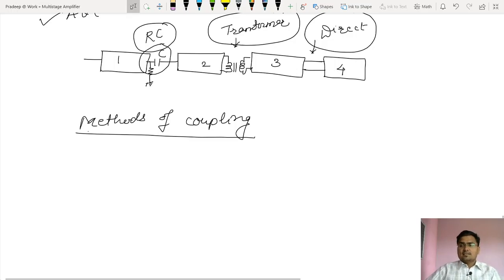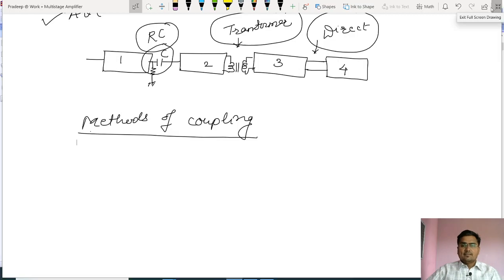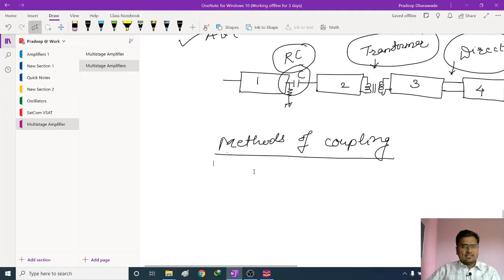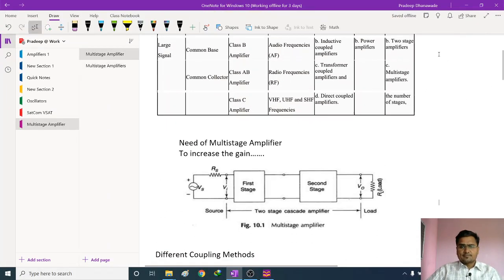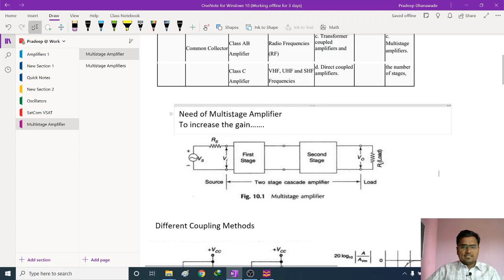But before starting with the coupling methods directly, we will classify amplifiers first. The need for a multi-stage amplifier that we covered in the last lecture: the conclusion is to increase the gain of an amplifier.